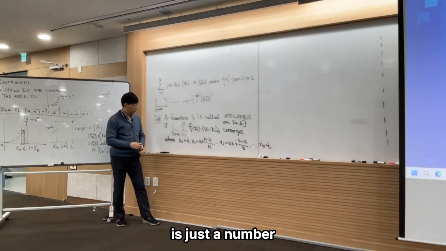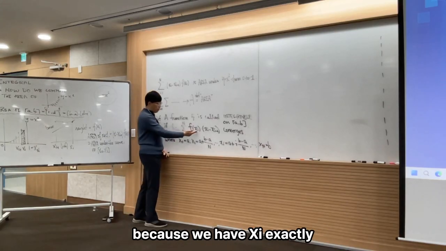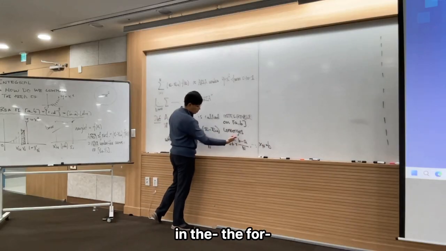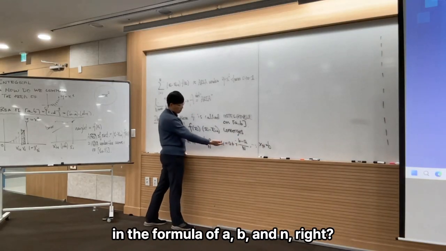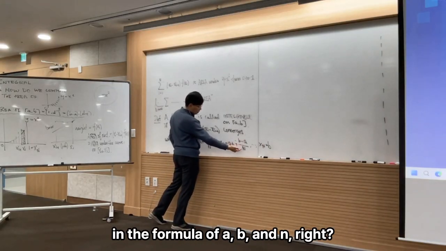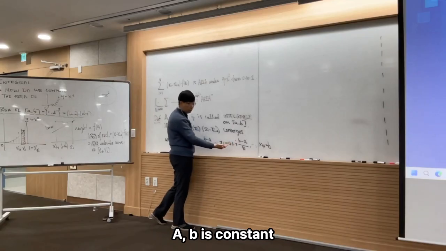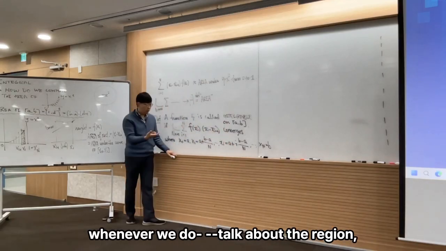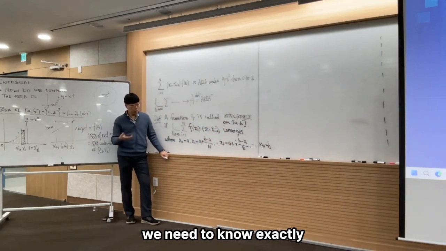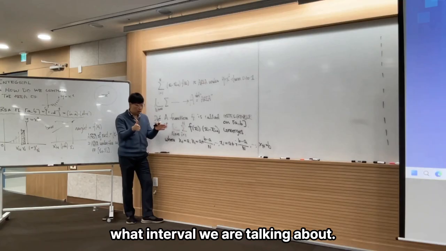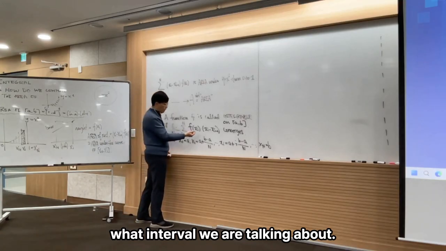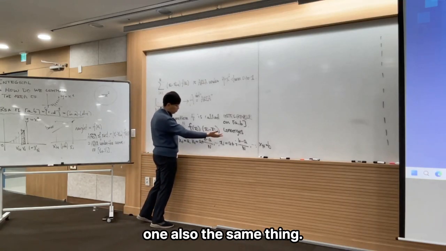And then you can see that on the left, f(xi) is just a number, because we have xi exactly in the formula of a, b, and n, right? a and b are constant because we fixed our interval. Whenever we talk about the region, we need to know exactly what interval we're talking about. And xi minus xi-1 is the same thing.